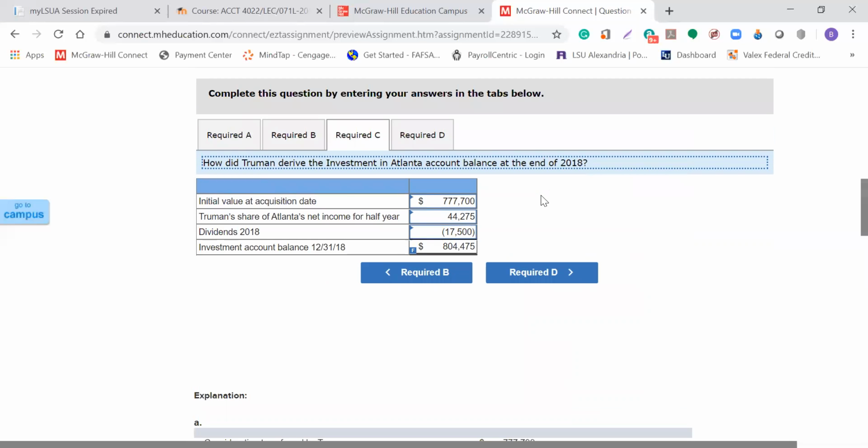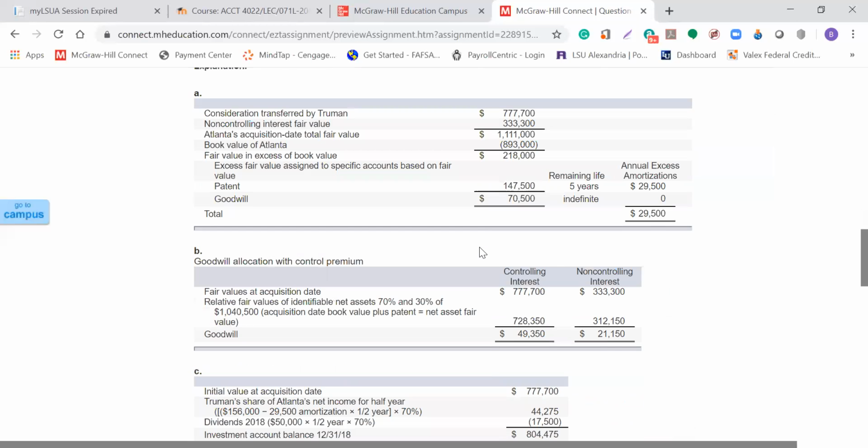For Part C, you're asked how Truman derived the investment in Atlanta balance at the end of the year 2018. We had the initial value at the date of acquisition, Truman's share of net income, the dividend that was paid, and the investment balance as of 12/31/2018.